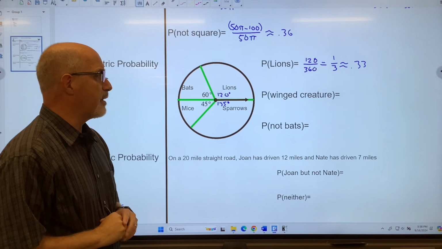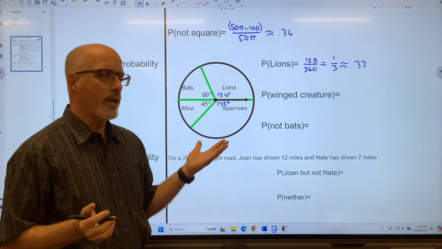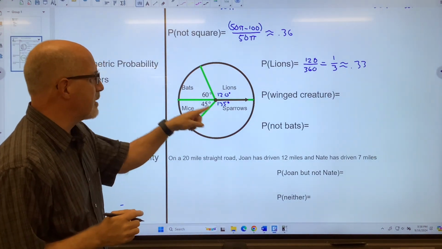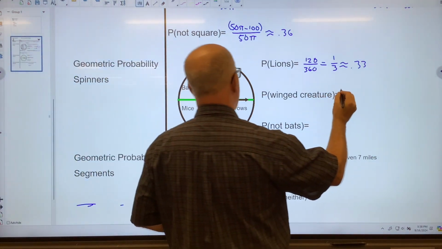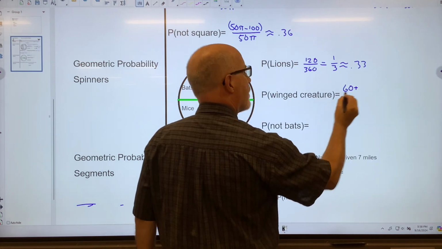Now for the probability of a winged creature, well, lions and mice are not winged, so I want to take sparrows and bats, those have wings. I'm going to add those two together to get success, so 60 degrees plus my 135.